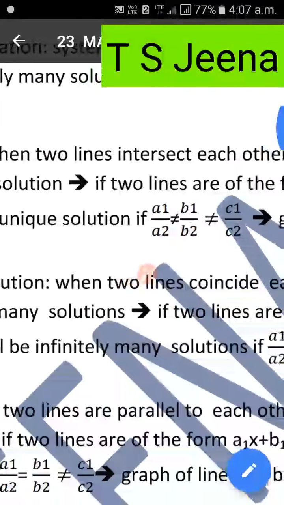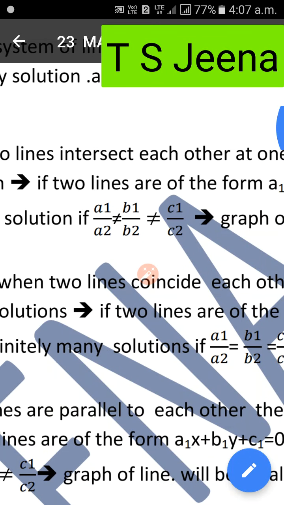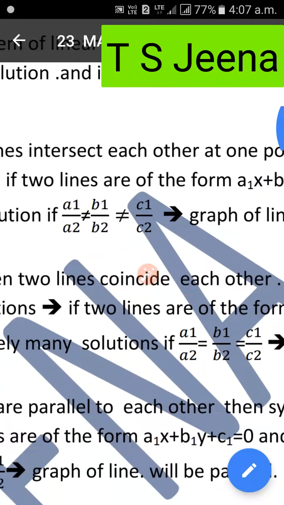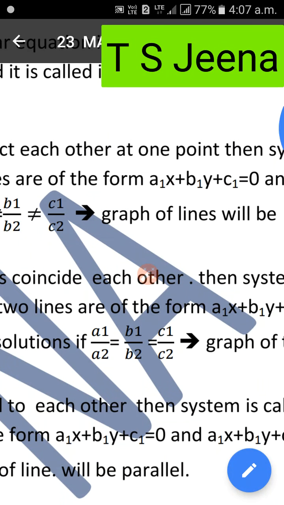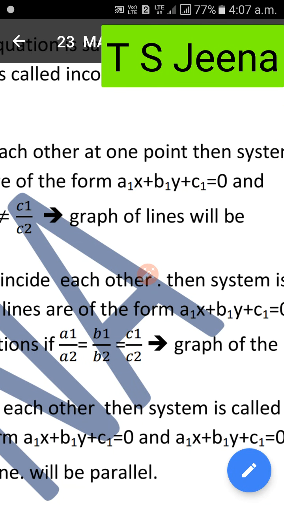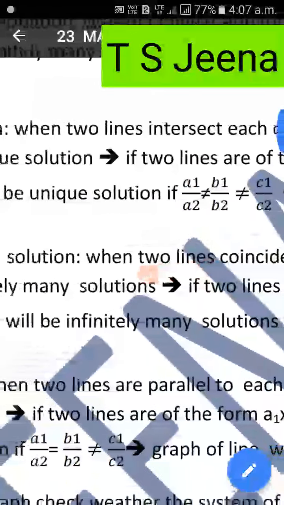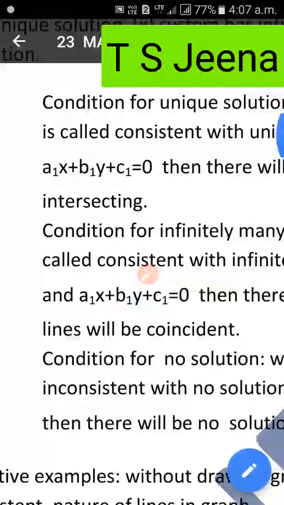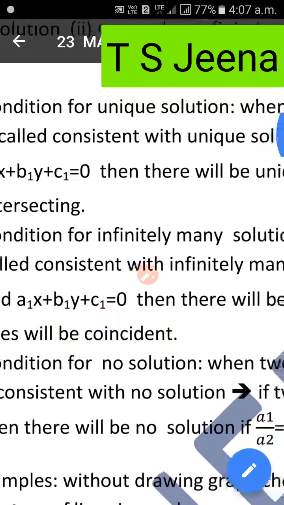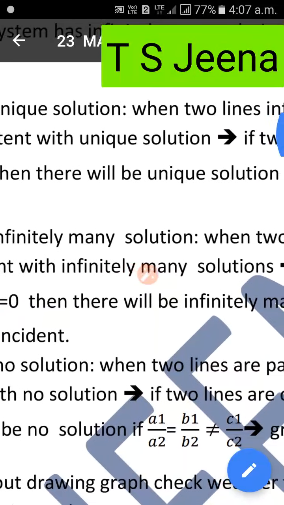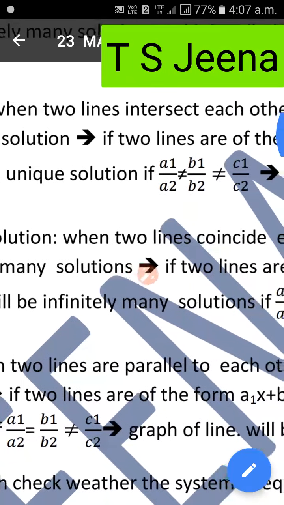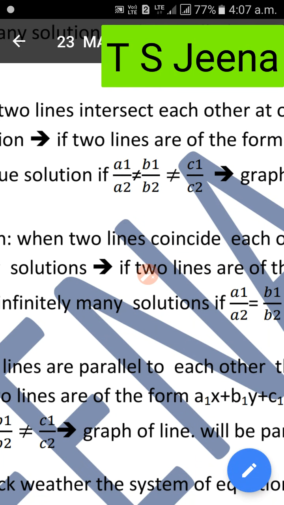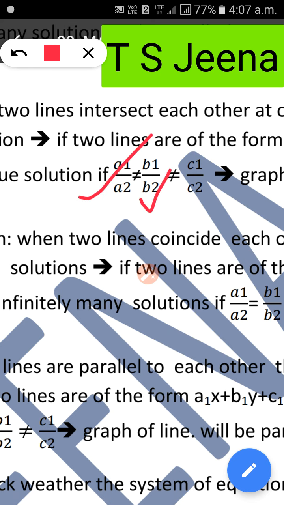And if two lines are of the form a1x plus b1y plus c1 equal to 0 and a2x plus b2y plus c2 equal to 0, then there will be a unique solution when a1 upon a2 is not equal to b1 upon b2 is not equal to c1 upon c2.